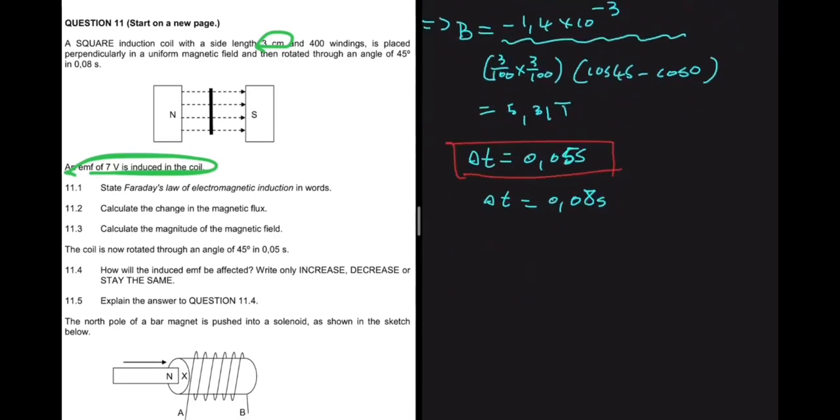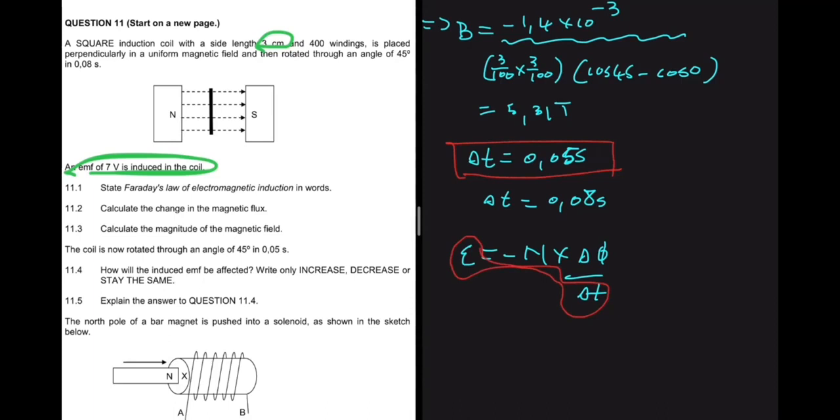Right, let's go to the formula. The EMF is equal to minus n, the number of turns on the coil, multiplied by the change in the magnetic flux, and then we divide that by time. So if you look at this equation, you should see that the EMF induced is inversely proportional to the time taken, right? If you increase the time, you reduce the EMF.